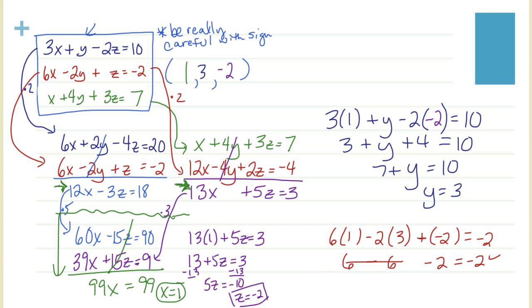So it's not hard, it's just lots of steps. So I'm going to write out steps on this one. What did I do first? I picked 2 equations and eliminated one variable. Then I picked 2 different equations.